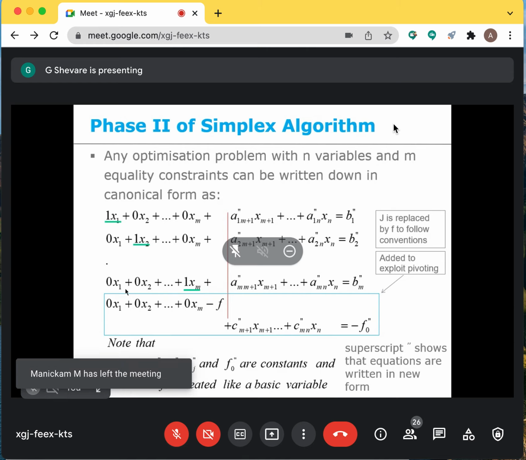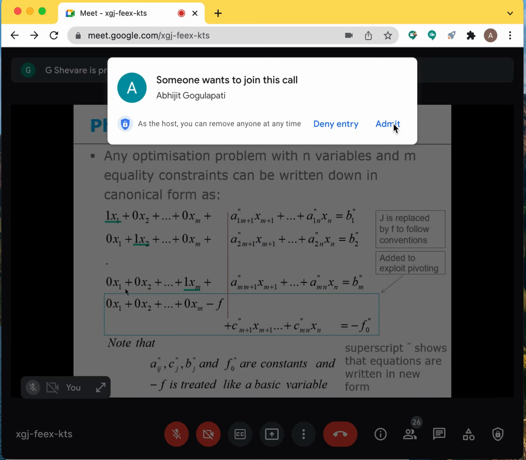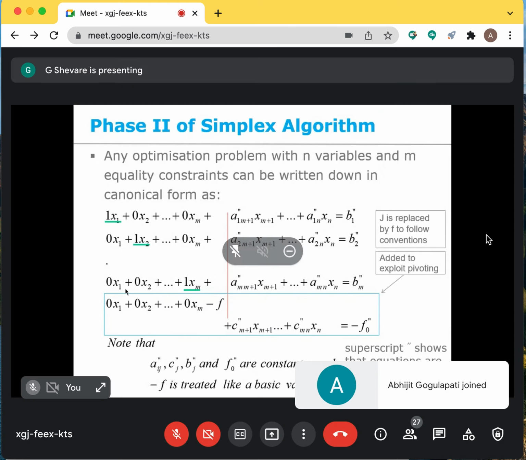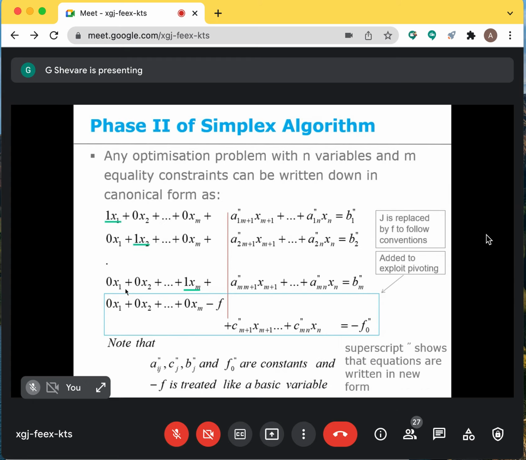But the coefficients of the entries x(m+1) to xn in all m equations would not necessarily be 0. So you arrange your m equations in this form.